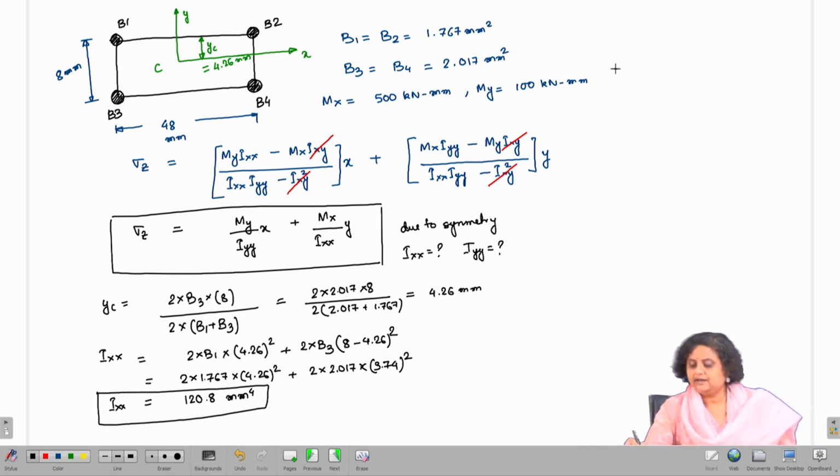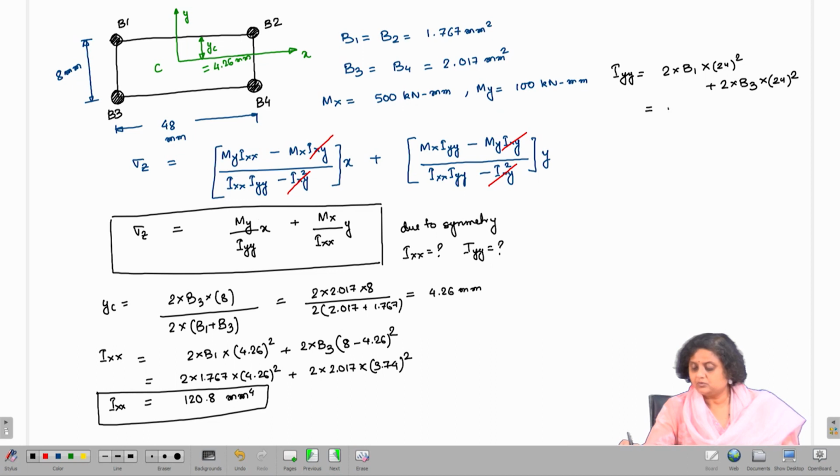Now, similarly, Iyy can be found out as 2 into B1 into 24 square plus 2 into B3 into 24 square.